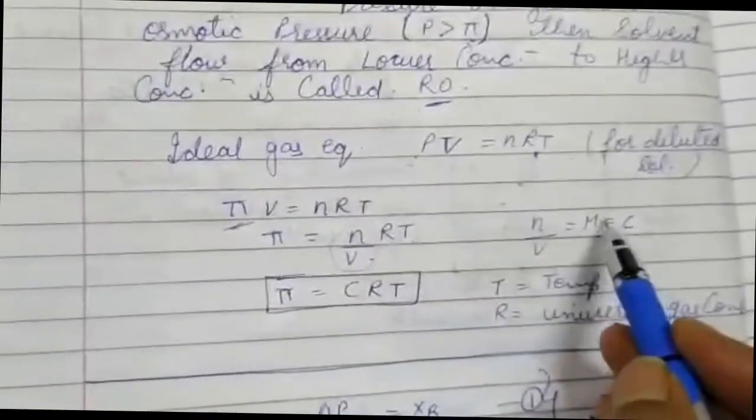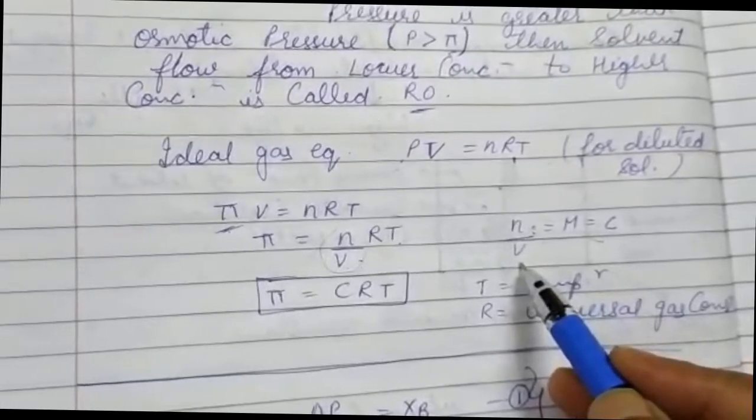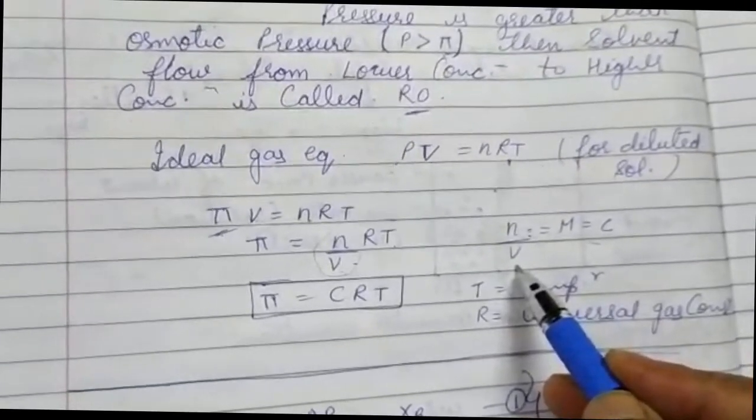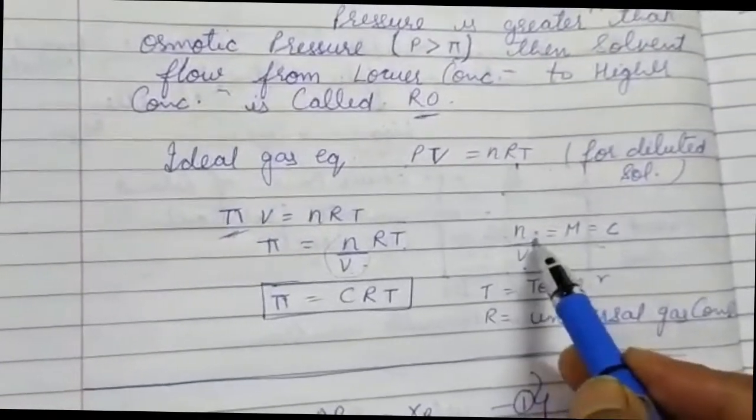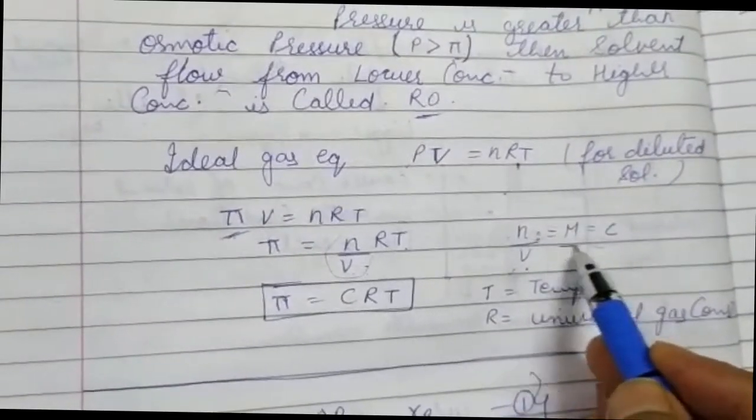What is n by V? It is the number of moles of solute upon the volume of solution in liters, which is known as molarity.